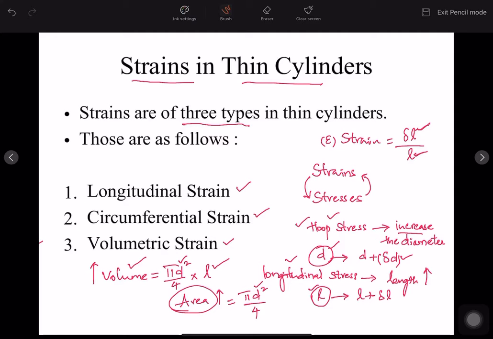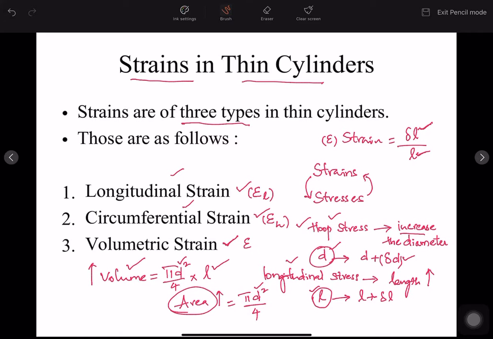Because of these longitudinal and circumferential strains, there will be a strain in volume also, which is known as volumetric strain. Generally we'll denote longitudinal strain as epsilon L, circumferential strain or hoop strain as epsilon H, and volumetric strain as epsilon V.